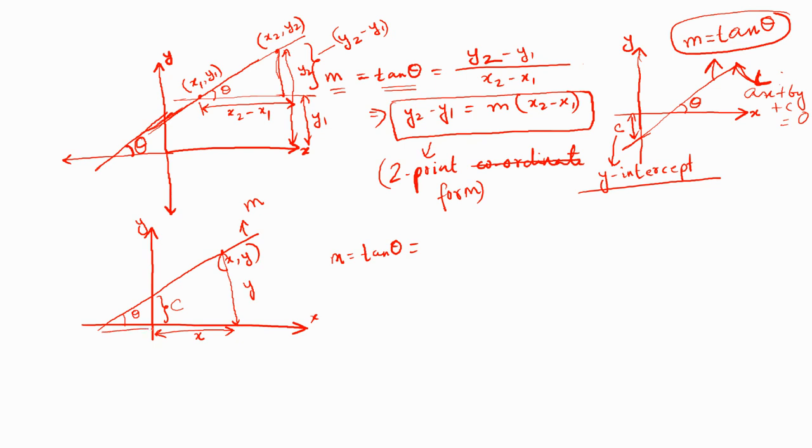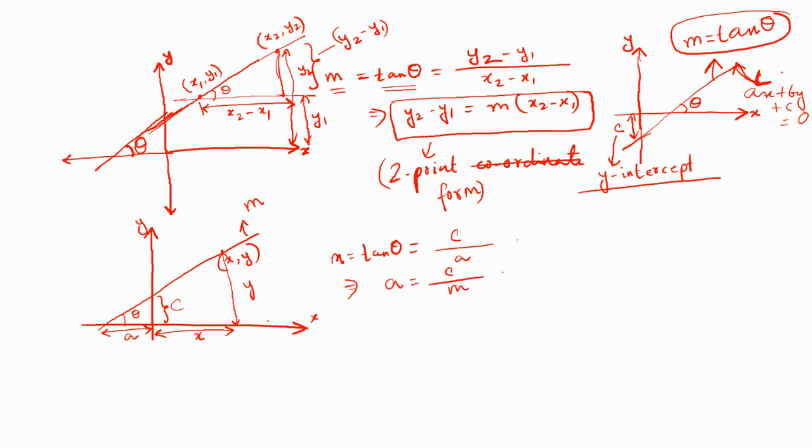Okay, let's say this is a. So first let's find out tan theta from this short triangle. So tan theta equals what? c divided by a, right? Perpendicular divided by base. So from here we can find out what is a: c divided by m.